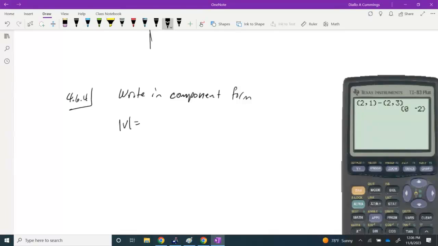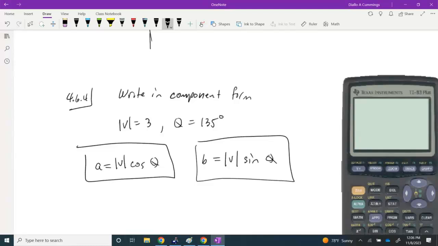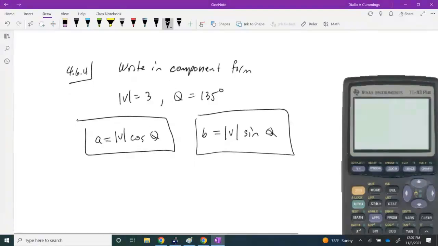So the magnitude of vector v is 3, and the angle measure is equal to 135 degrees. So we have A is equal to the magnitude of vector v times the cosine of theta, and B, which is the vertical component, is equal to the magnitude of vector v times the sine of theta. So to find the horizontal component A, that's going to equal 3 times the cosine of 135 degrees.